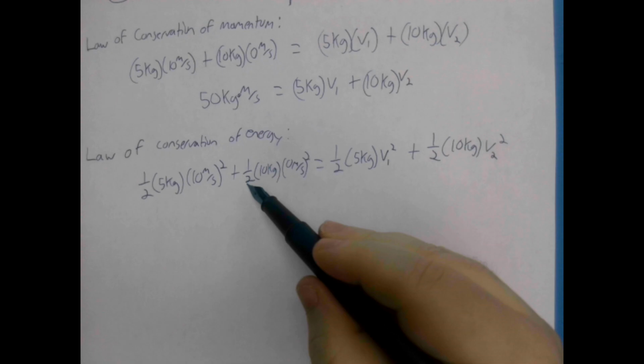So this is what v1 equals. So I can plug that into this equation: 250 is equal to 2.5 times (10 minus 2v2) squared plus 5v2 squared. Do you know how to do 10 minus 2v2 squared?